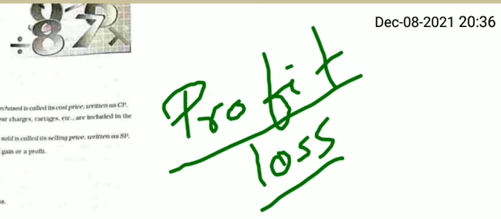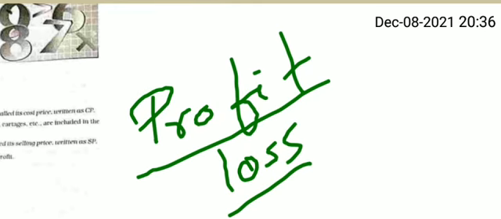Suppose the cost of the pen is 10 rupees, and if you want to sell this pen to any of your friends at the price of 15 rupees, then very simple, at that time you will get a profit. That means 5 rupees profit. Okay, 15 minus 10, that is 5 rupees profit.